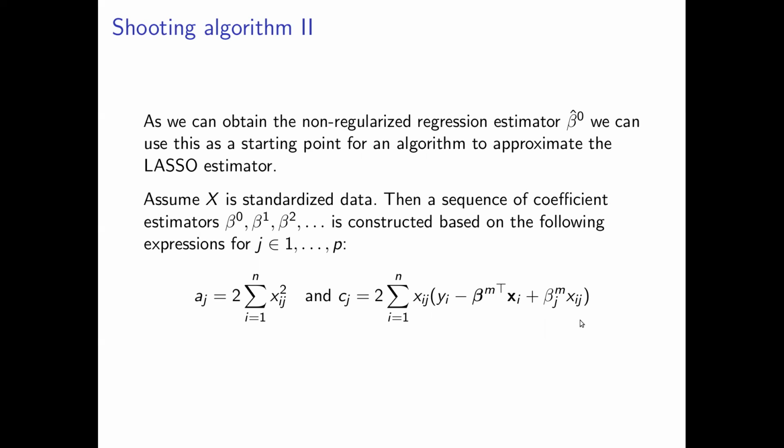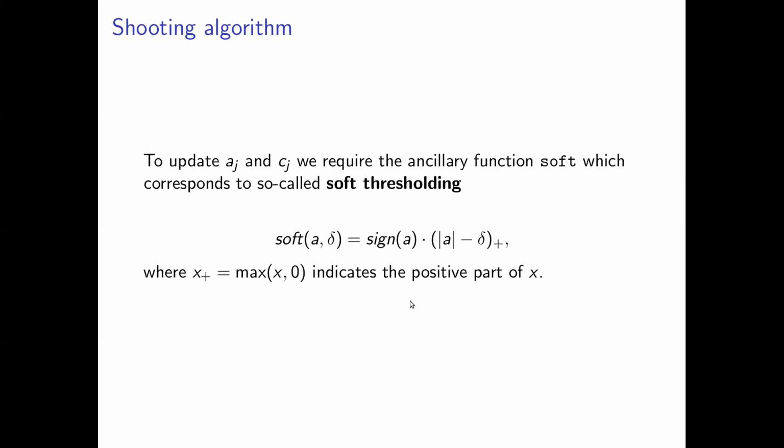Why do we use this? This is basically the residual part, and we use these residuals in combination with the x values. We want to update those two, and for doing this, we require an ancillary function, and this is the soft thresholding function.